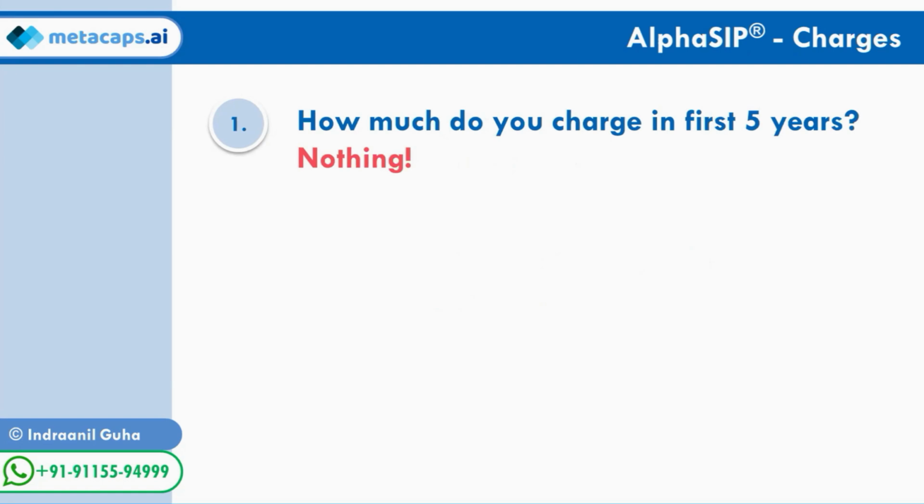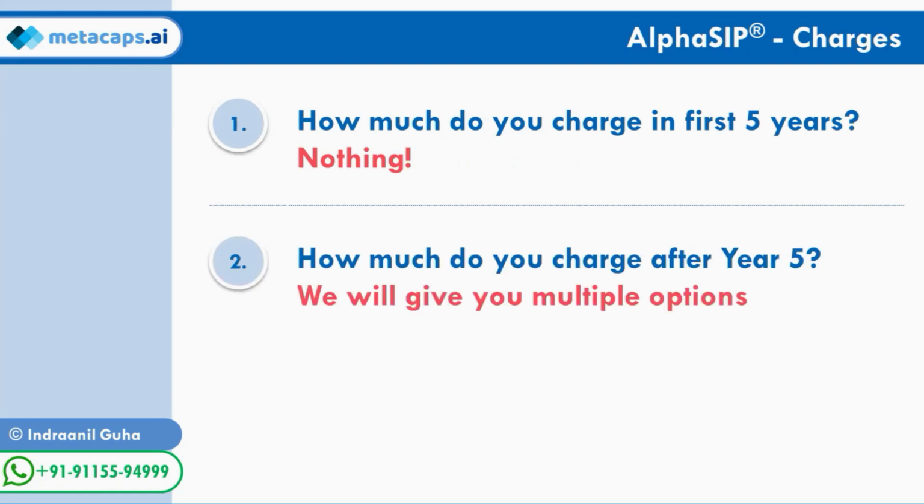Charges I just mentioned, there is nothing in the first 5 years. At the end of 5 years, basically we'll give you two options. After 5 years, if you want to continue with us, either we will charge you around 1% of the AUM per year as a charge, or we will give you the option of redeeming the current policy gradually and moving that money into another policy.